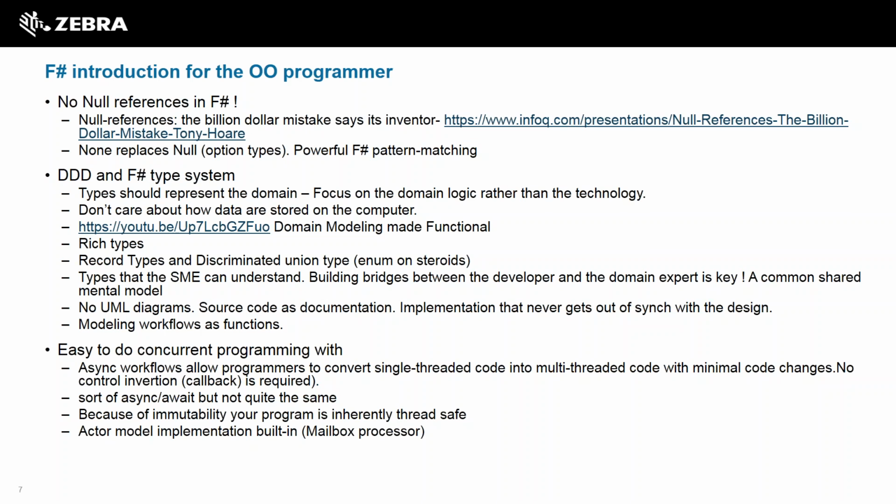Instead of relying on controls in the code, everything is defined in the type. So these are rich types, yet easy to read, even for somebody who's not a programmer. What I'm actually saying is that F# is an ideal platform for domain-driven design. So for those who are interested in knowing more about the subject, I highly recommend a talk from Scott Wlaschin, whose link is in the slide.